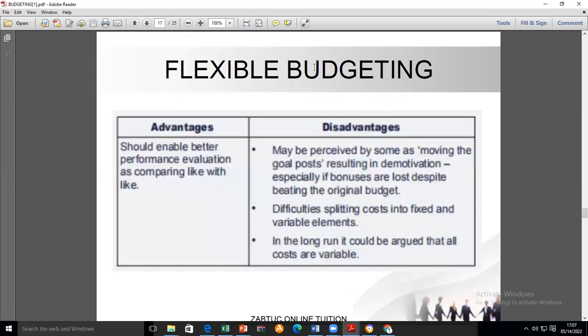So what's the advantage of a flexible budget? It should enable better performance evaluation as it compares like with like. Sorry, sir, yes please. Can you please just give a small example of this flexible budget? I always struggle to understand what happens then.